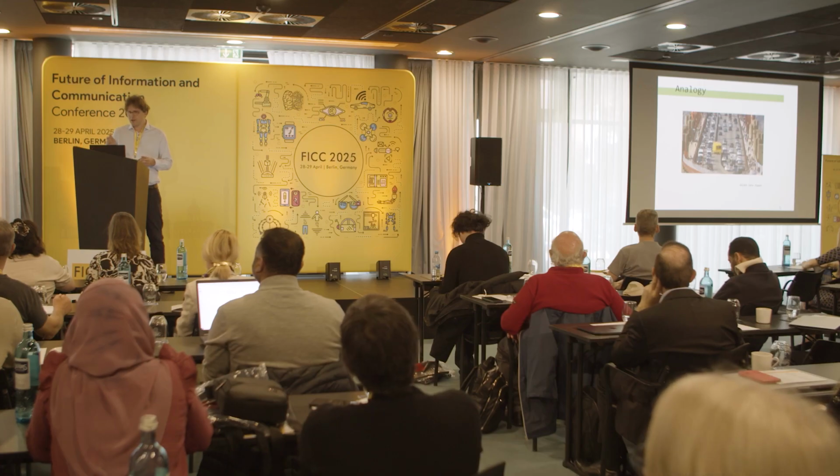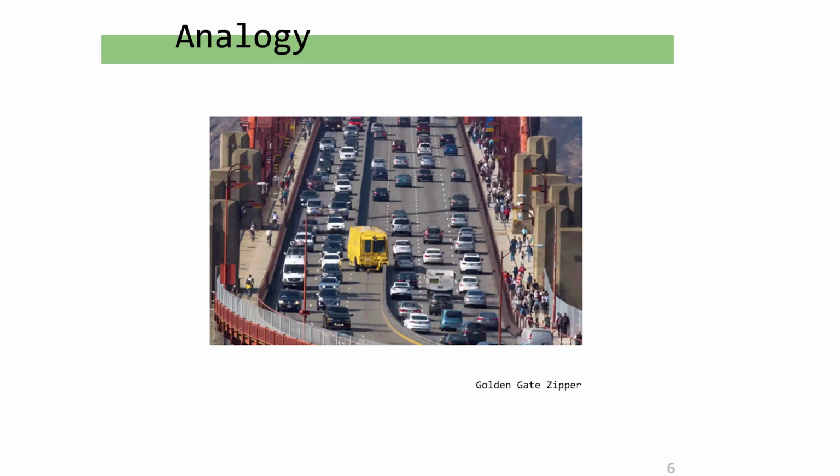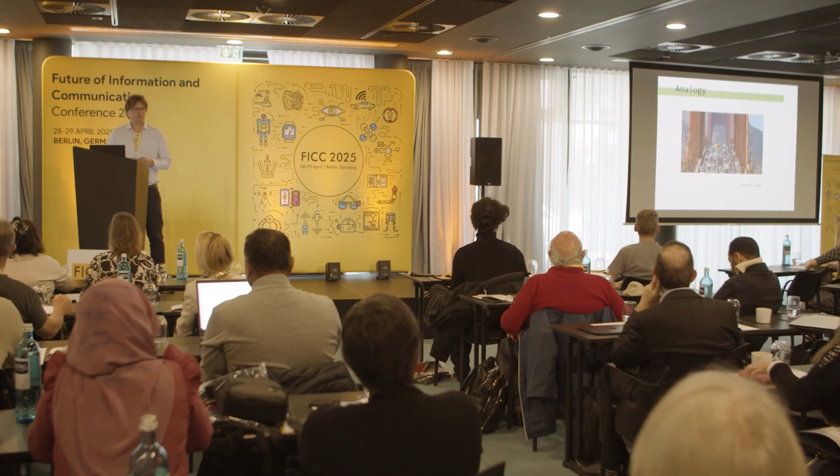This is this yellow car that can change the number of lanes during the day. If you're not familiar with it, it drives across the bridge and makes 4 lanes into 2, so it can make a different number of lanes on the different sides. And that's the vision that we want to have also in the data center context.